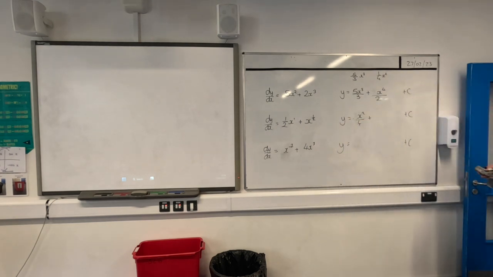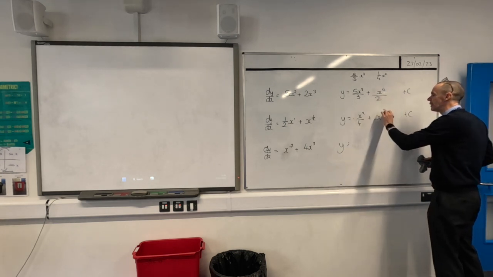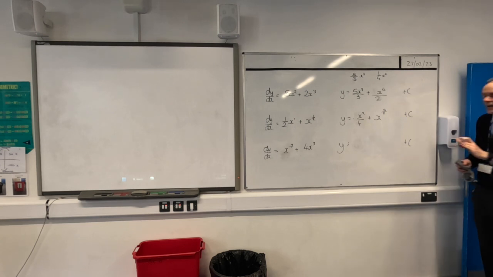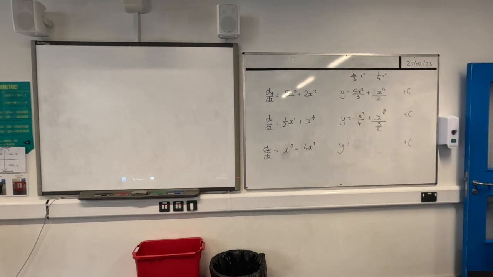And similarly, with this second one, if I increase half by 1, I get 3/2. Much easier to write that as a fraction. And then I'm going to divide by 3/2. And this is going to crop up a lot. So let's make sure we can remember this now. Dividing by 3/2 is the same as multiplying by 2/3.